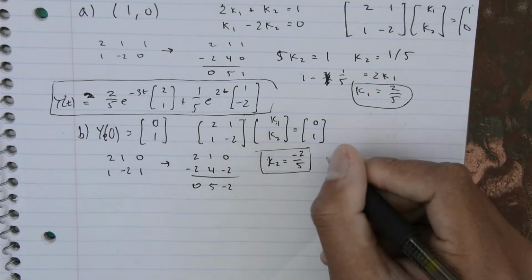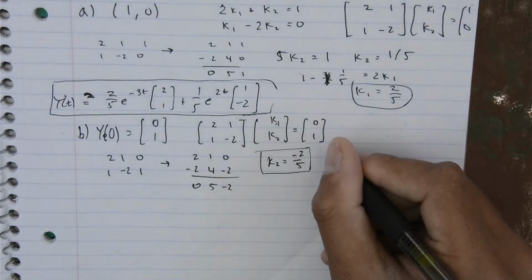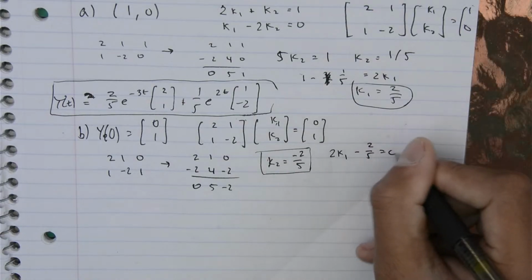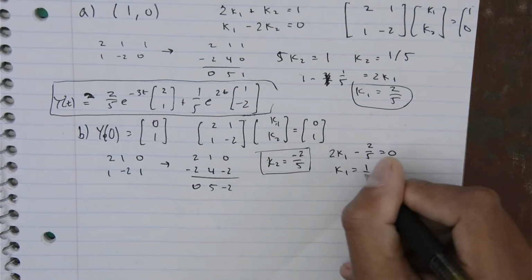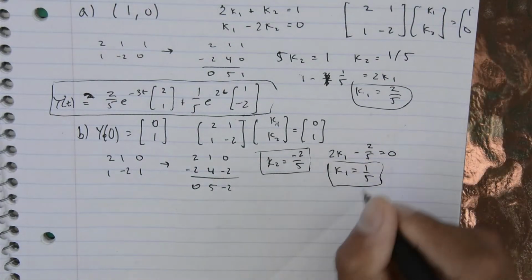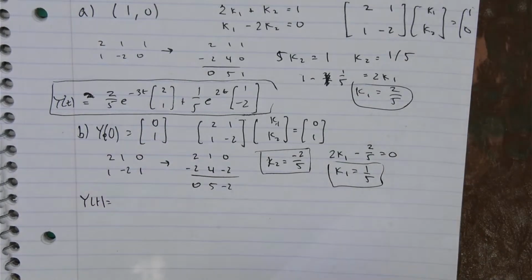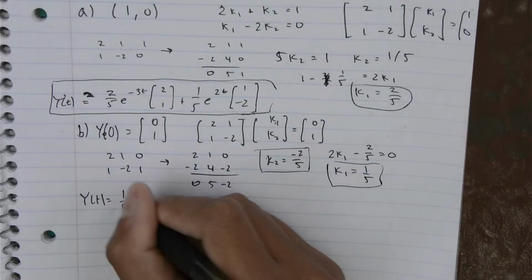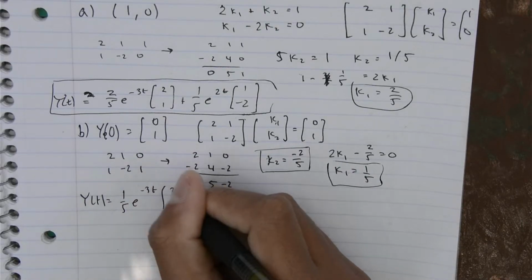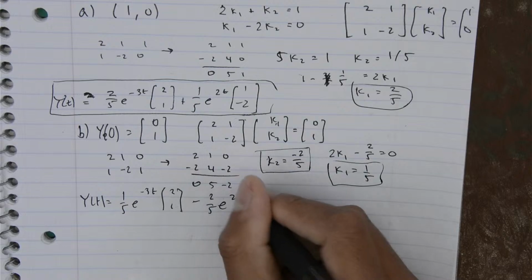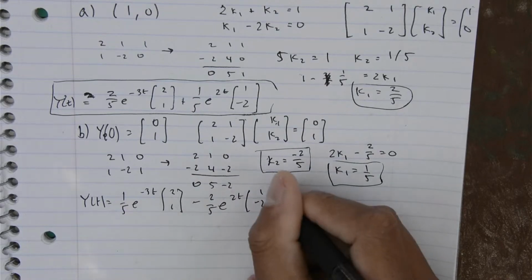Then we have 2k1 minus 2 fifths is equal to 0, so k1 equals 1 fifth. Okay. So then our solution would be y of t is equal to 1 fifth e to the minus 3t times 2, 1, minus 2 fifths e to the 2t times 1, minus 2.